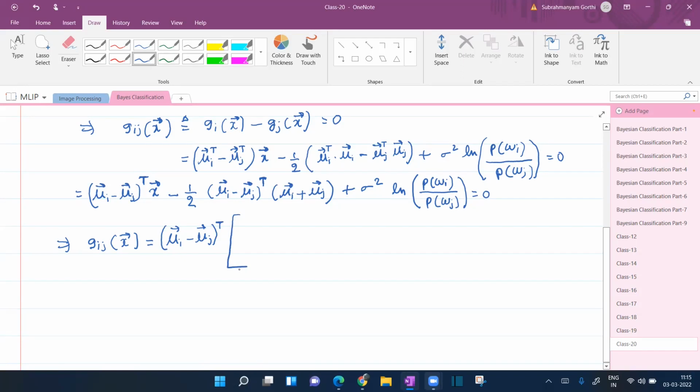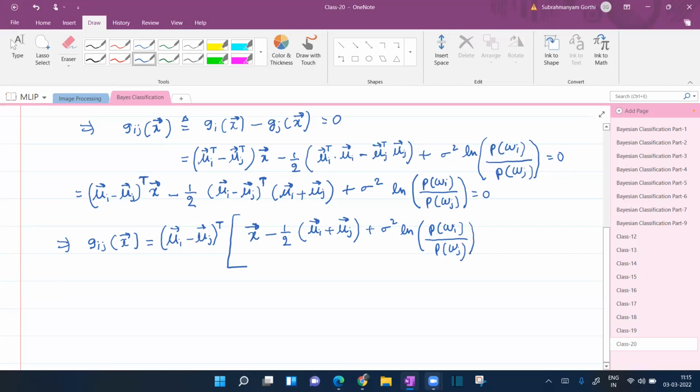Then what do I have inside? x bar minus 1 by 2 into mu i bar plus mu j bar. Very good. Then I would get here plus sigma square into natural logarithm of probability of omega i over probability of omega j.